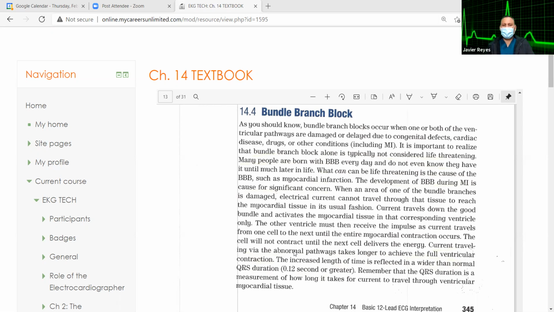Bundle branch blocks. If you recall, it means that the signals or impulses are blocked in one of the branches. And these usually occur after you have a third degree block. Remember, first degree, and then you got the two types of second degree, the Wenckebach block and the Mobitz 2, and then you have the third degree block where there's AV dissociation.